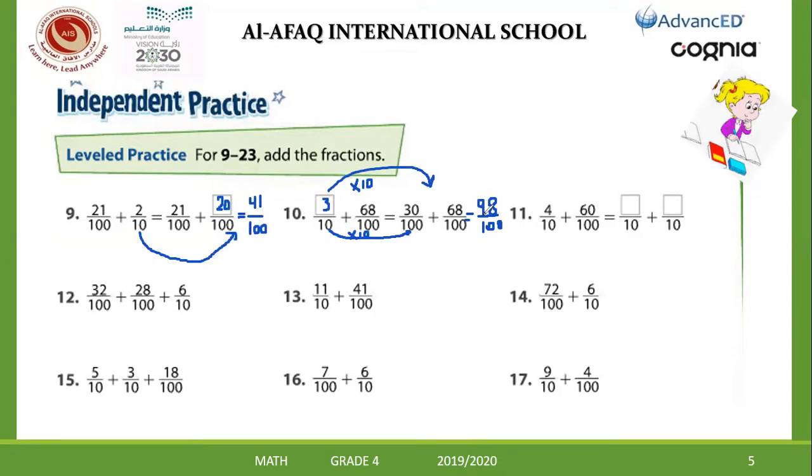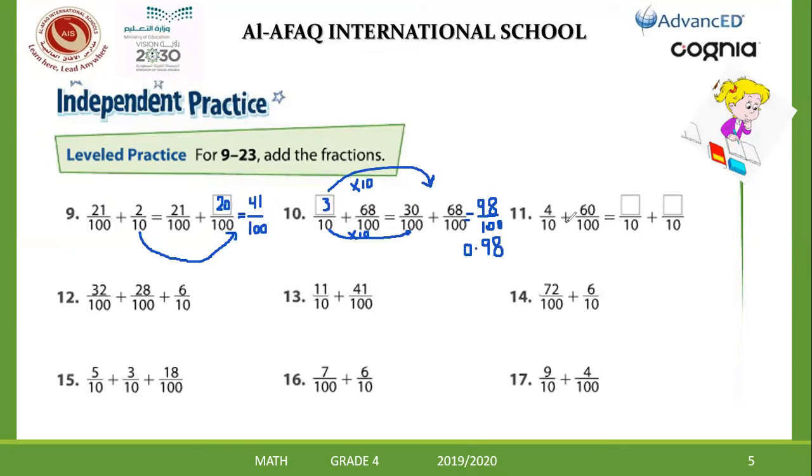As we said before, if I have a fraction with denominator of 100 or 10, we can write it in decimal form. 98 over 100 as a decimal would be 0.98. So if I have 100 as a denominator, the decimal point will be after 2 digits from the right. So in decimal form it will be 0.98.